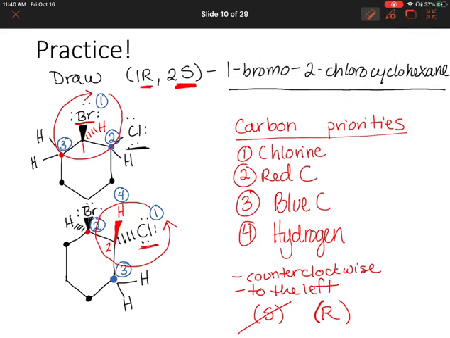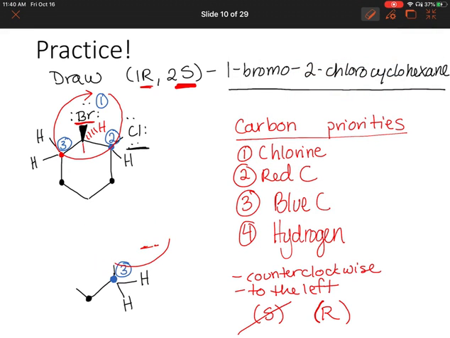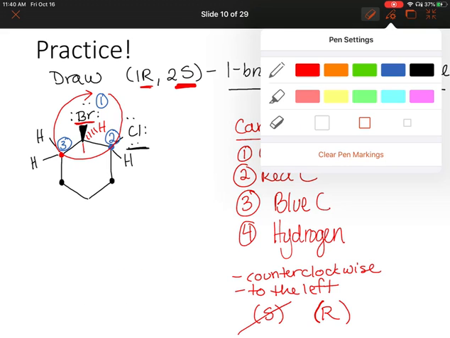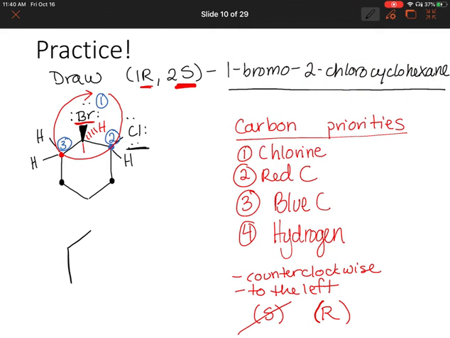All right, so I'm just going to redraw this, so that chlorine and bromine are both in the wedge positions.